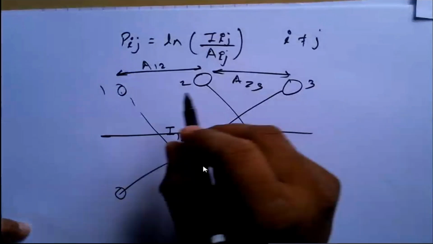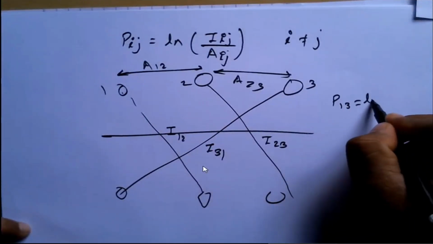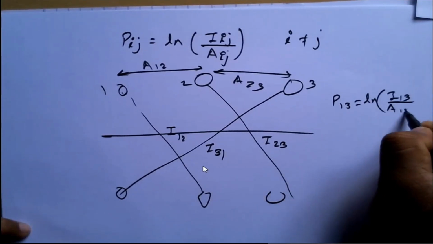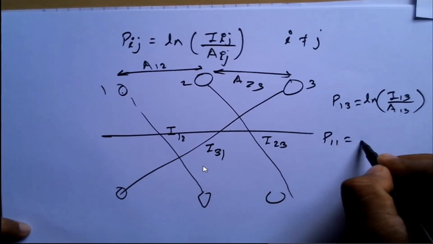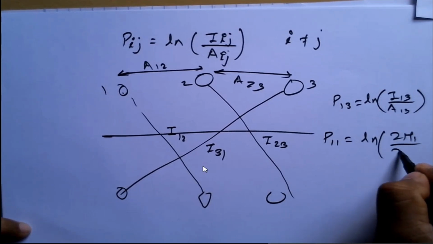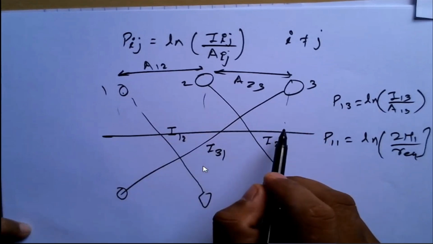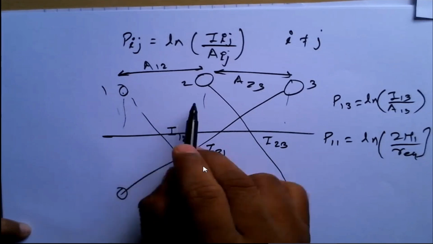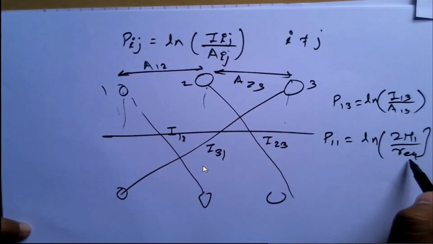So how to find out P of 1,3? It will be ln of I of 1,3 upon A of 1,3. And if I am going to find out P of 1,1, it will be ln of 2h1 upon R equivalent. If all the conductors are at the same height, meaning h1, h2 and h3 are all equal, then it will be 2h upon R equivalent.